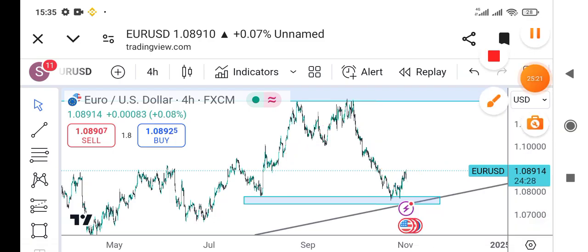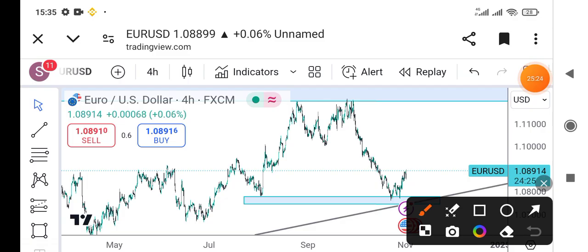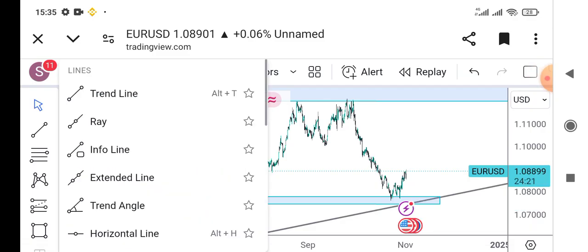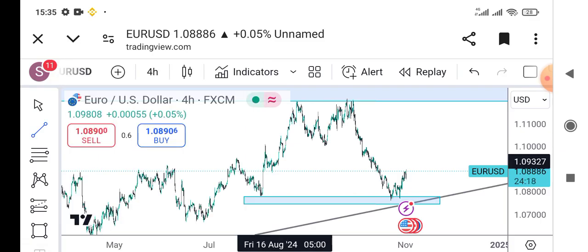What we are saying is, if you look at the formation of this market, we can still narrow down. Let me draw this trend.